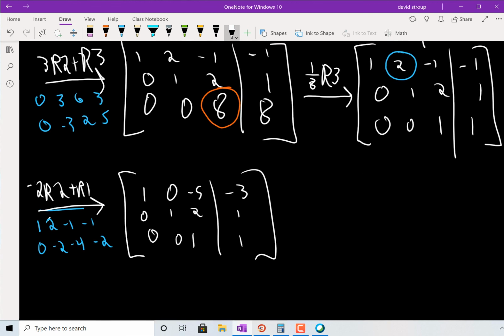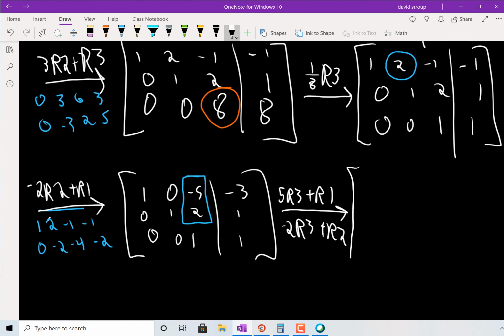And then I need to get zeros above the last pivot. Okay, so I need to get zeros here and here. So you just use the third row to get rid of those. What are we doing? We're going 5 row 3 plus row 1, and then negative 2 row 3 plus row 2. Should get the job done.